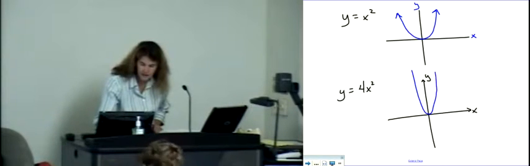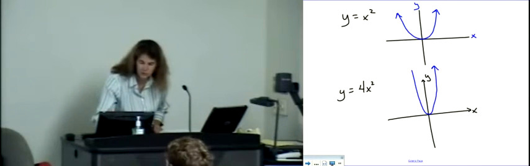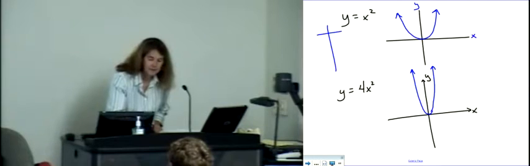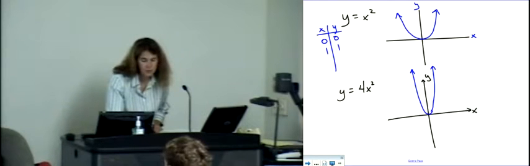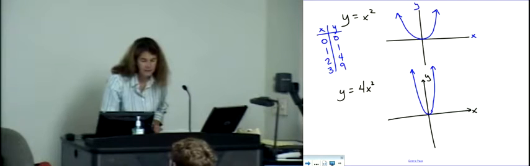I'm exaggerating here, and it's not symmetric, unfortunately. When I put in 0, I still got out 0, but if I put in 1, I get out 1, 2 is 4, 3 is 9.